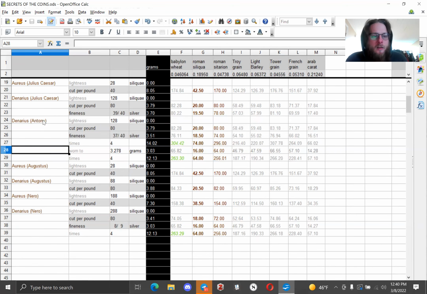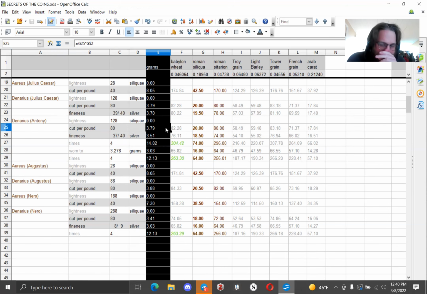If the Antony denarii, as originally issued, should have weighed about 3.79 grams, but were worn to an average of 3.278, and some of the existing coins, the lightest ones, are down around 3.0 grams, then if they were worn to 3.278 grams, they would have contained about 16 siliqui of silver left in them.